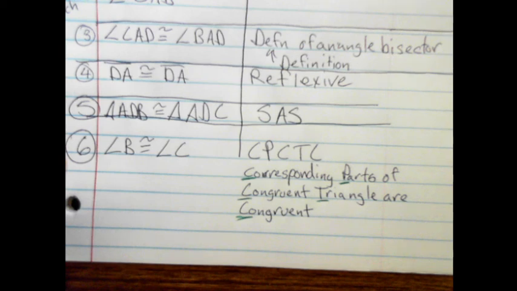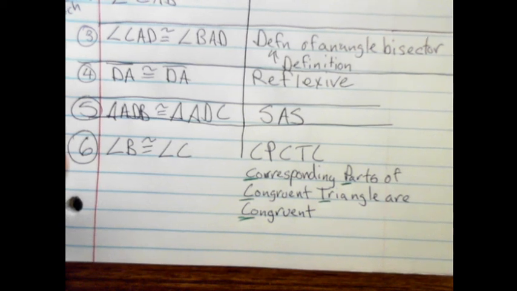So for the next couple of weeks, almost every proof we do will end with CPCTC, which is the abbreviation for corresponding parts of congruent triangles are congruent. Okay? And that's the proof for the base angle theorem. Are there any questions? No? Okay, good.